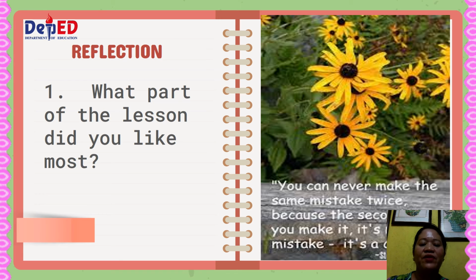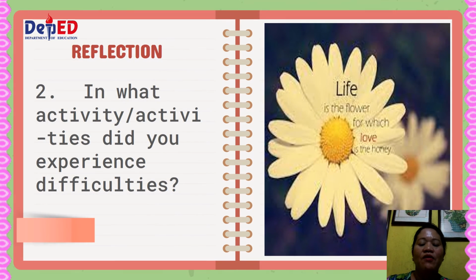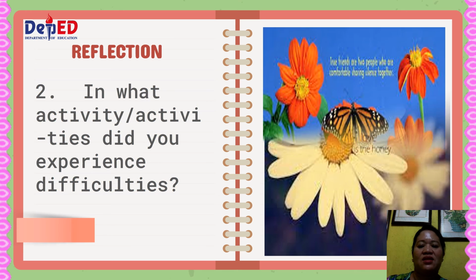What part of the lesson did you like most? So that is the first question for our reflection. For the second reflection, in what activity or activities did you experience difficulties? So write your answer using your learner's activity sheet. There is a space there for these questions.